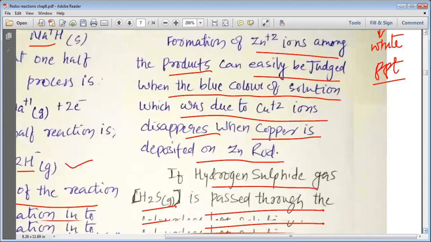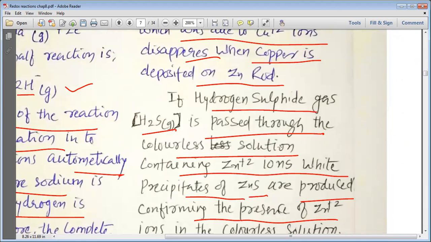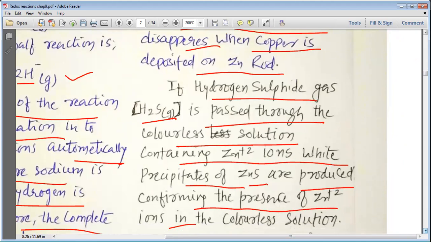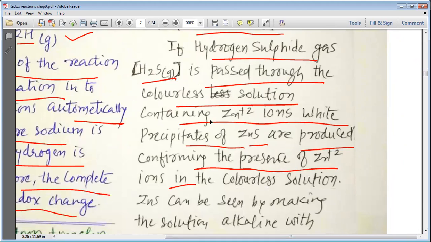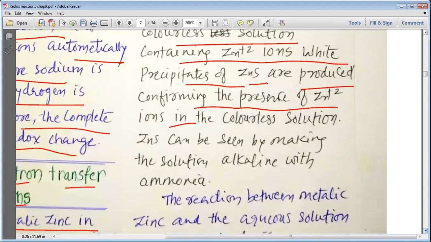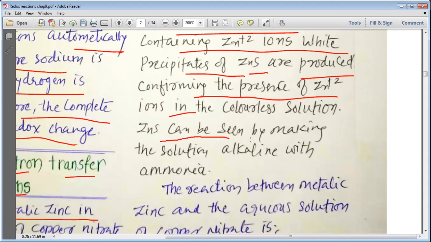Once again, I should read it for you. If hydrogen sulfide gas, that is H2S gas, is passed through the colorless solution containing Zn2+ ions, white precipitates of ZnS are produced, confirming the presence of Zn2+ ions in the colorless solution. ZnS can be seen by making the solution alkaline with ammonia.